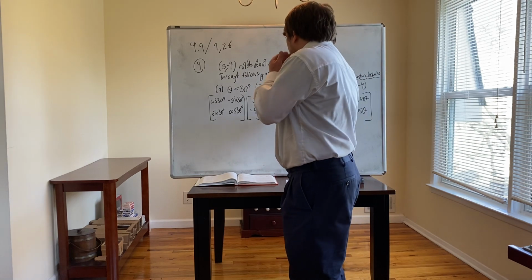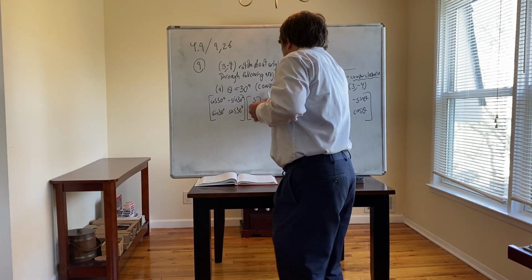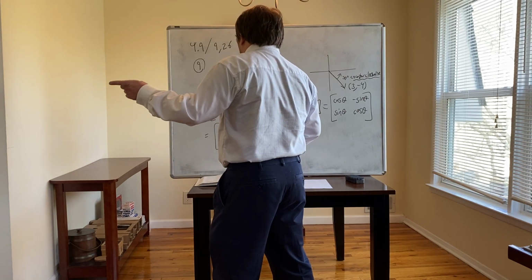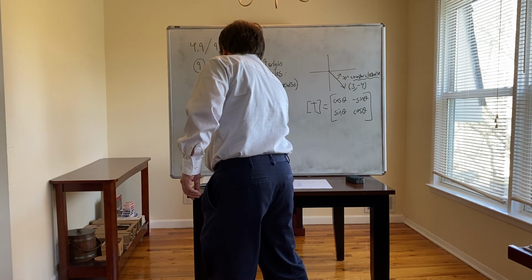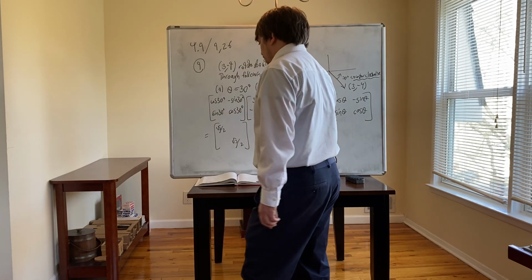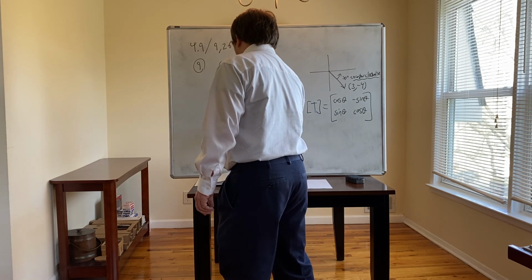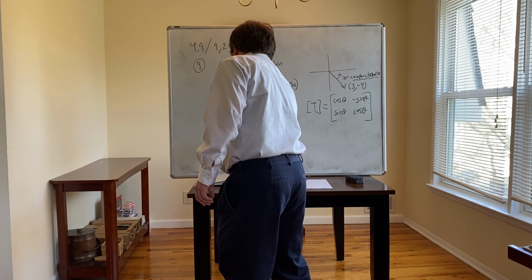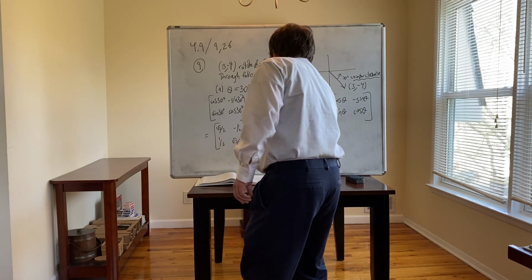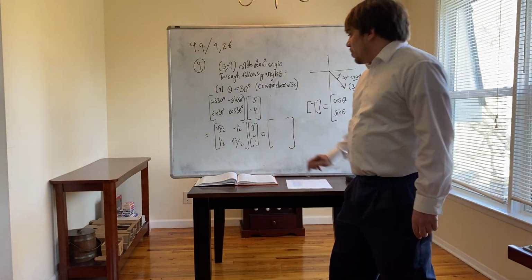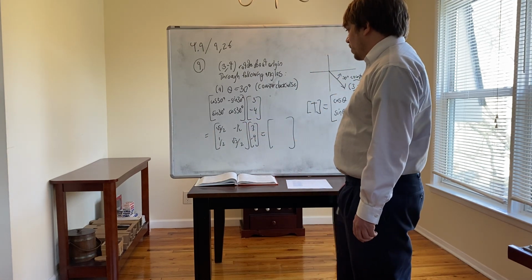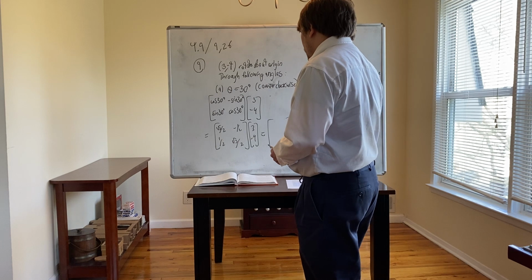Okay? And so what you get is, if you calculate cosine 30 degrees, you get root 3 over 2. Sine of 30 degrees is 1/2, so negative 1/2 here, positive 1/2 there, and 3, negative 4 is your input vector. And so you multiply those two matrices, and so root 3 over 2 times 3 plus negative 1/2 times negative 4. And so that's going to be 3 root 3 over 2 plus 2.